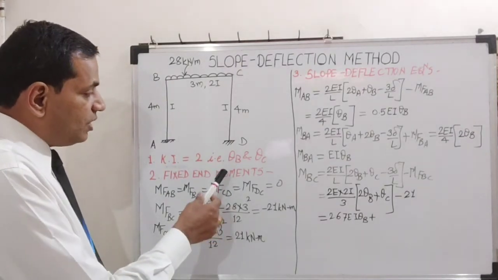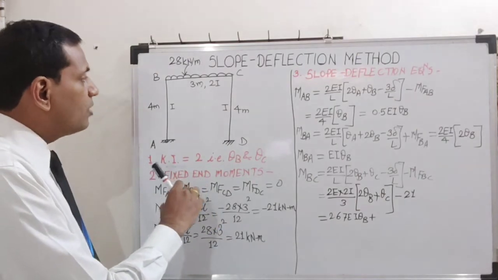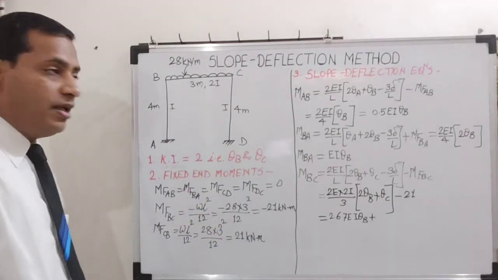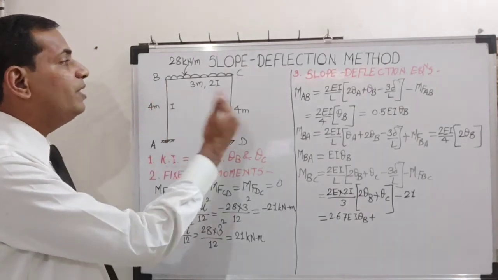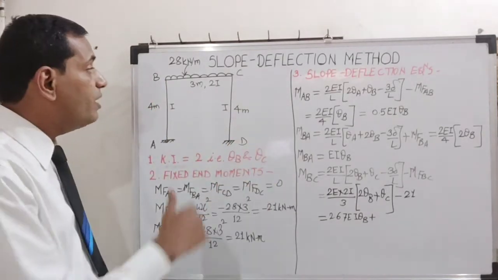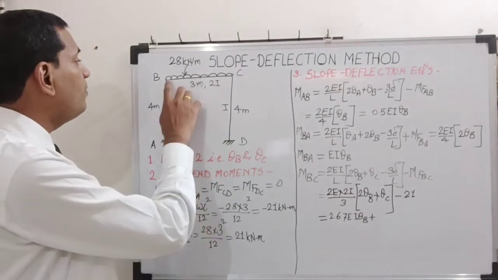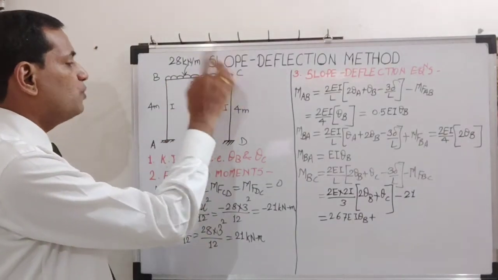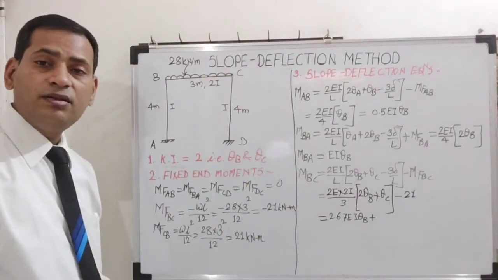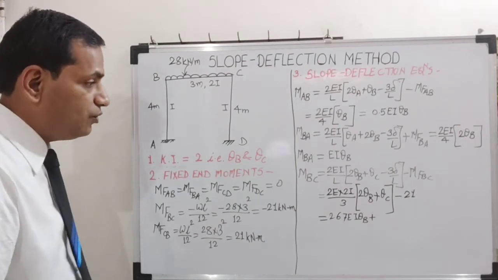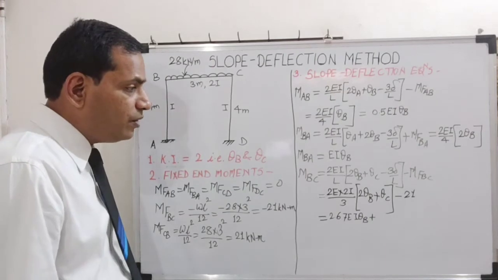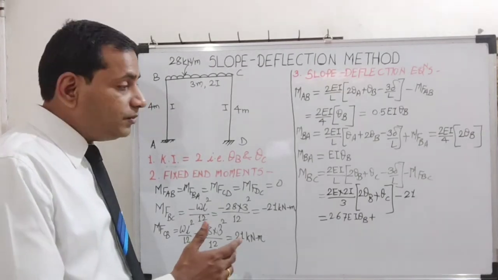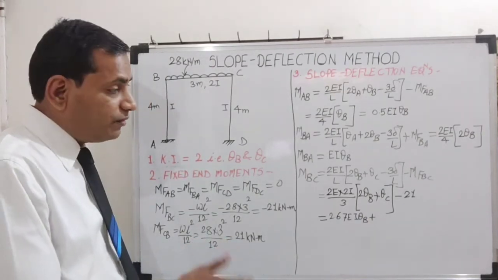As just discussed earlier, because of symmetry, actions on the left half of the frame will be equal and opposite on the right half of the frame. So theta B is minus theta C. So we will eliminate theta C. We will substitute minus theta B instead of theta C.